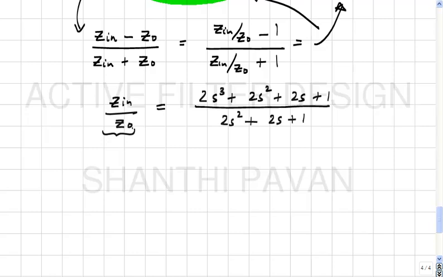You understand? From the required transfer function and the losslessness of the LC network, we have derived the power that needs to go into the LC network.